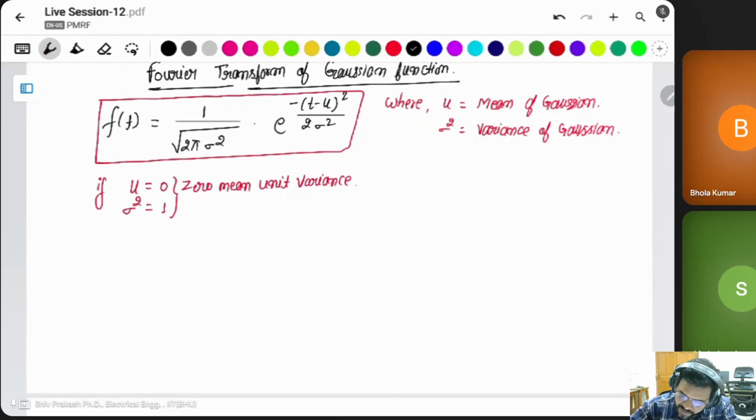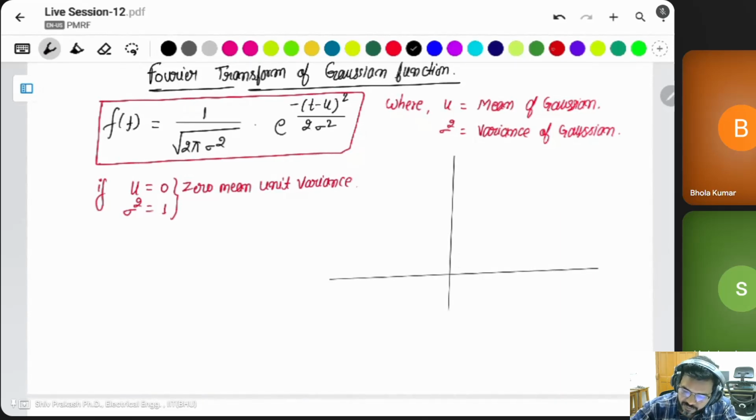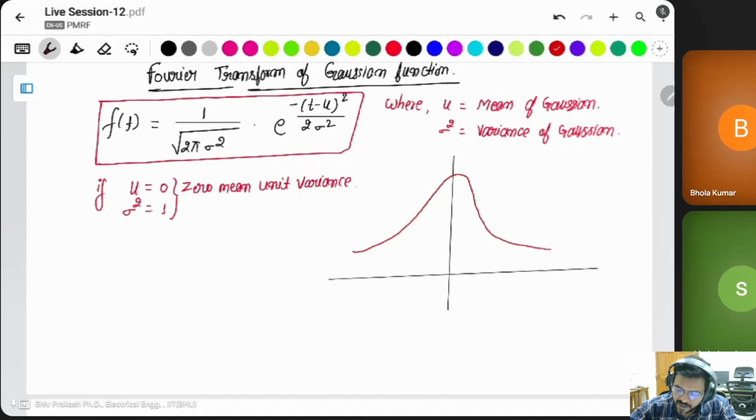Then this function looks like a bell, and this width denotes the variance.